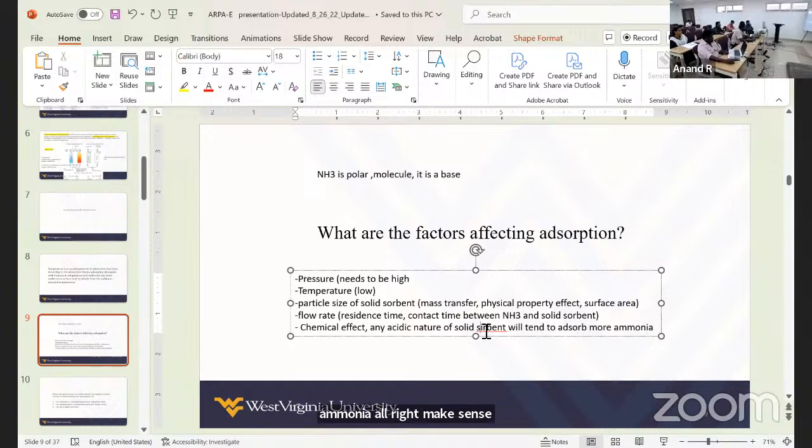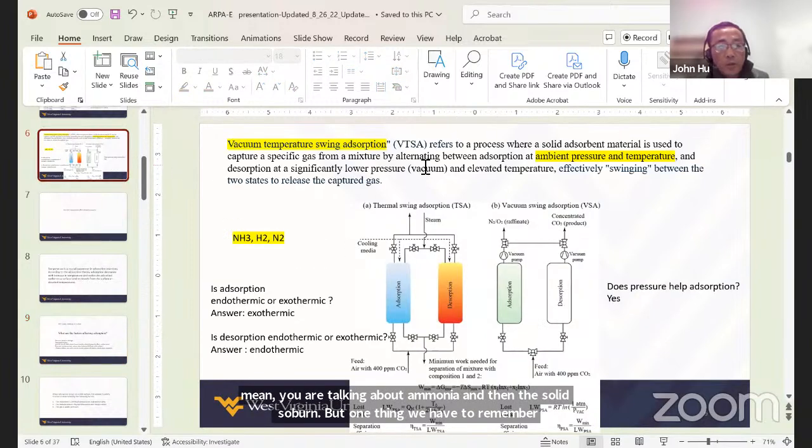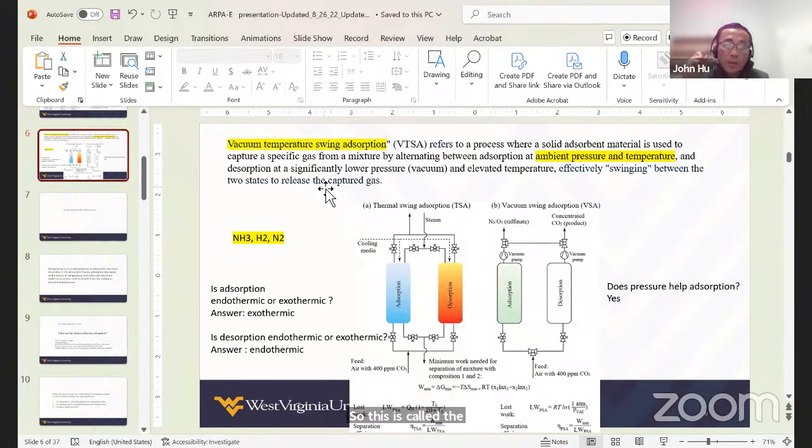Yes. Okay. All right. So we can keep on going for days, because it's all related. You are talking about ammonia and then the solid solvent. But one thing we have to remember, this so-called VTSA is not just adsorption, it's a dissolution. Adsorption basically, this blue color shows how much ammonia you can adsorb.